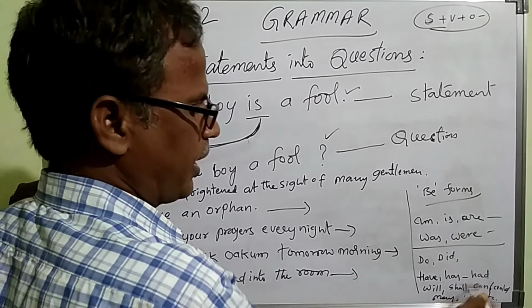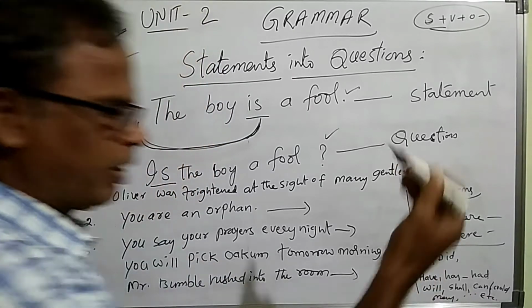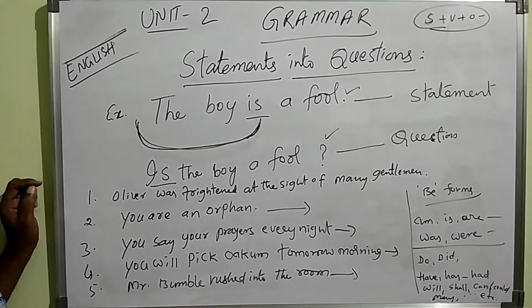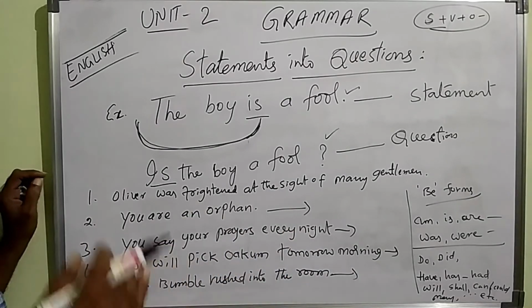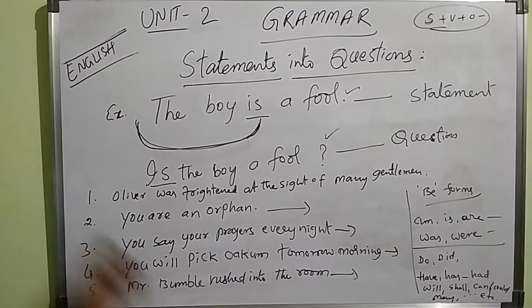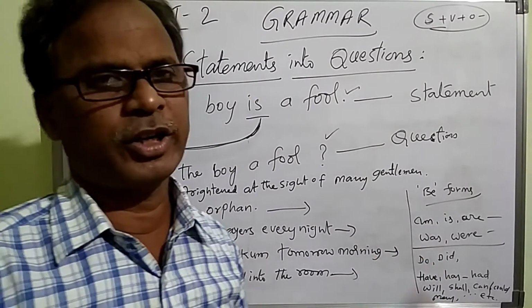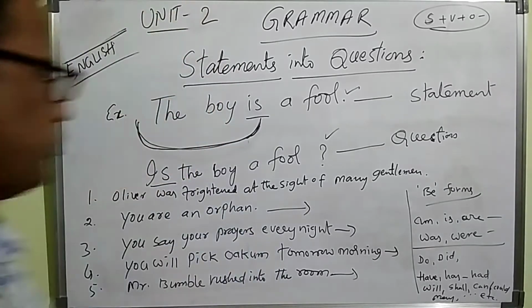Have, has, had, will, shall, can, could, may, might. These are also some modals. Some be forms are there, some do forms, have forms, and modals. All these are called auxiliaries only. So by using these auxiliaries, we can make questions, especially yes or no answer questions.